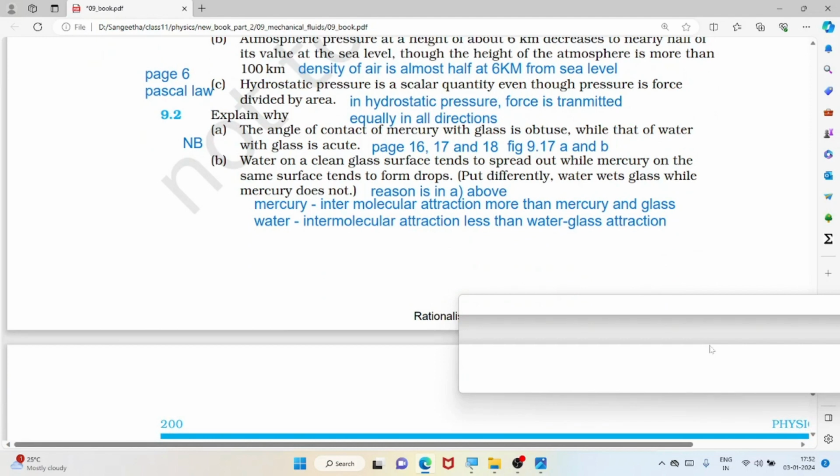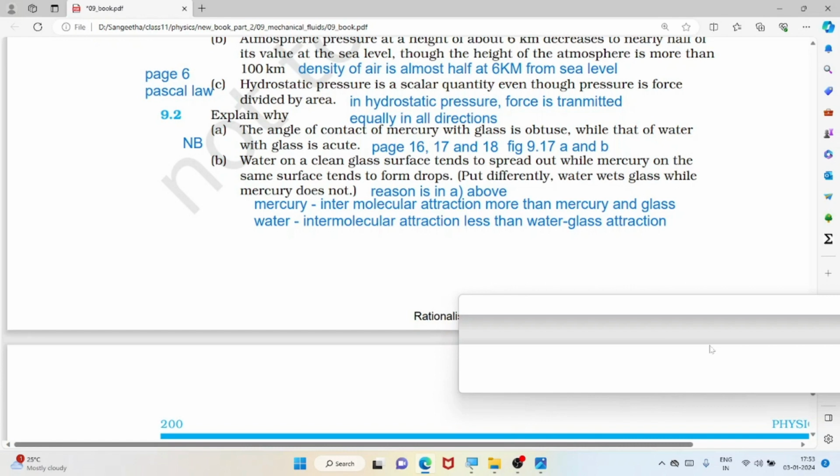Explain why the angle of contact of mercury with glass is obtuse while that of water with glass is acute. Acute is less than 90, obtuse is more than 90. Already shown: in mercury, the intermolecular force of attraction is more than between mercury and glass.